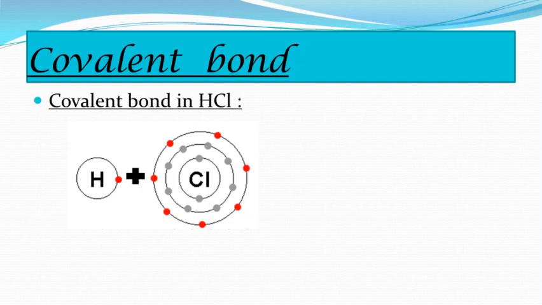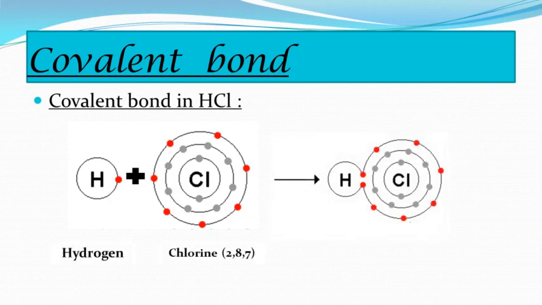That means chlorine requires 1 electron from the hydrogen atom to complete its octet. So sharing of electrons takes place between hydrogen and chlorine to form the HCl compound.